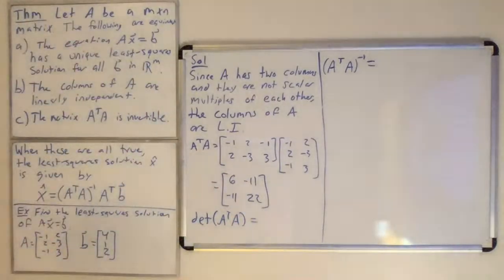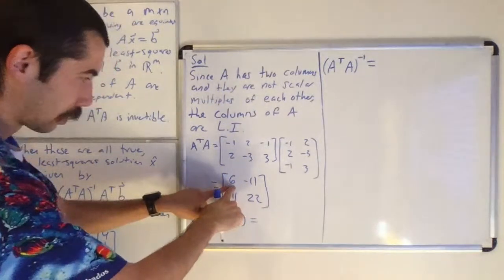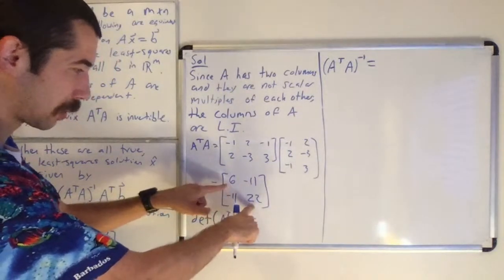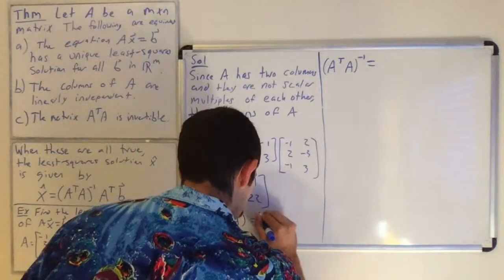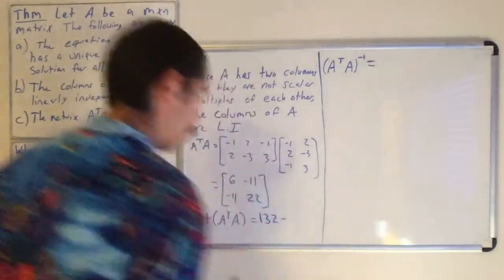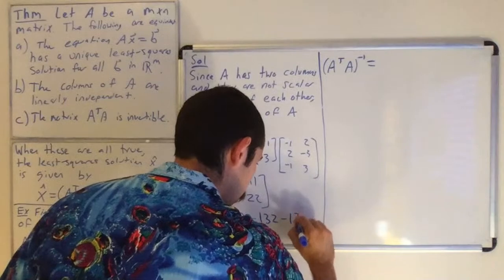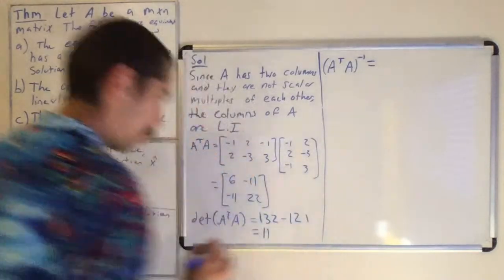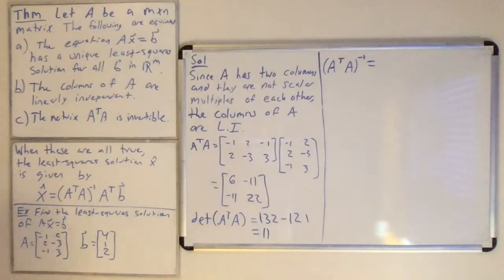The determinant of A transpose A is 6 times 22, which is 132, minus 121, which is 11.